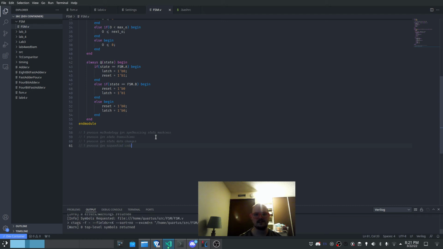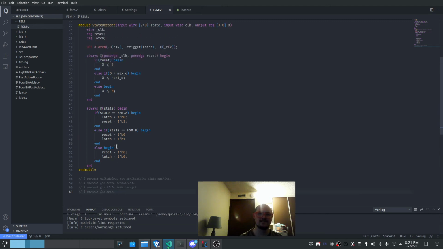A lot of times, depending on how your state machine is defined, it's really one process for reset. So I'll have one for state transitions, one for data changes, and one to handle reset.